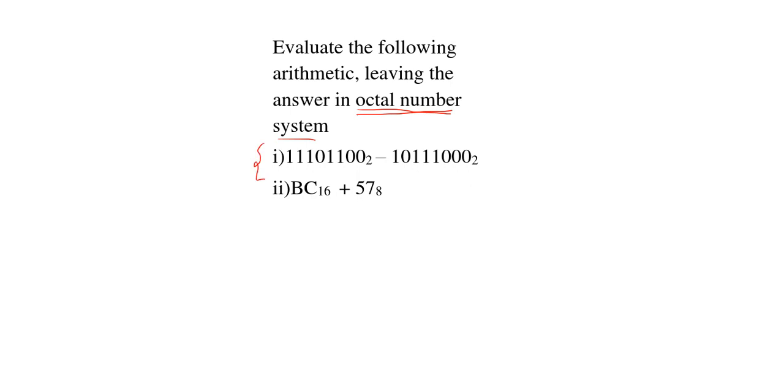So let's start with Roman 1. Roman 1 is binary subtraction because they are base 2 numbers. So we have 1, 1, 1, then 0, 1, 1, then 0, 0.